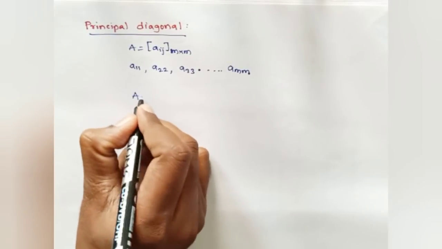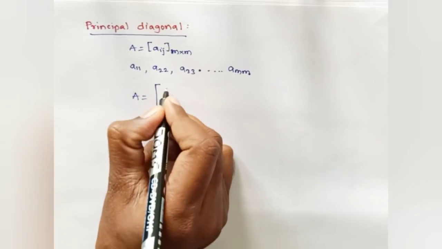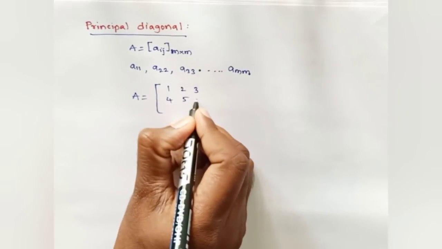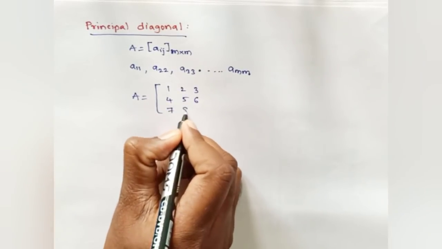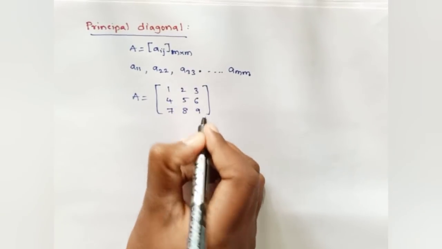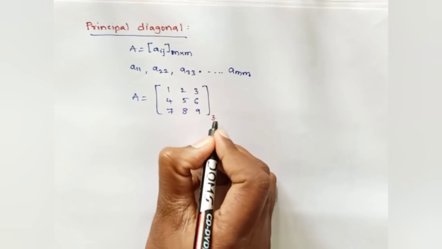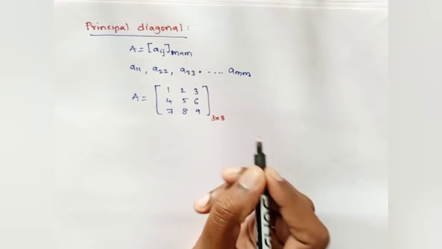For example, A is equal to 1, 2, 3, 4, 5, 6, 7, 8 and 9. It is a square matrix of order 3, meaning 3 rows and 3 columns.